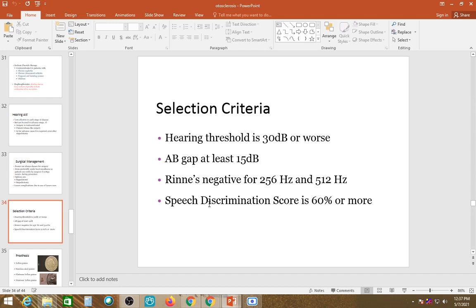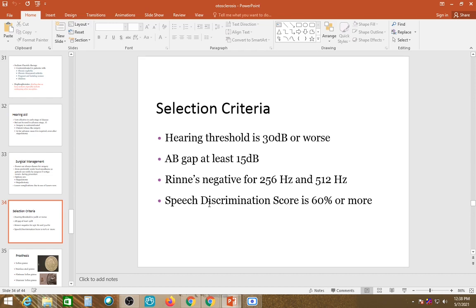AB gap at least 15 decibel, then Rinne negative for 256 Hz or 512 Hz.